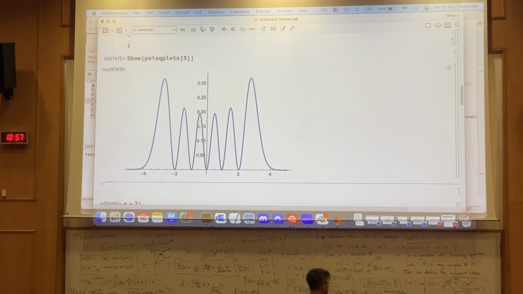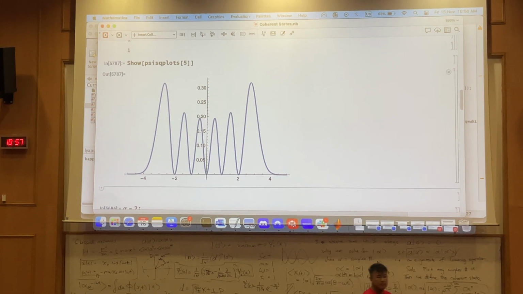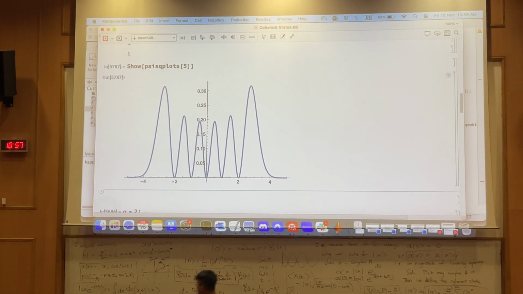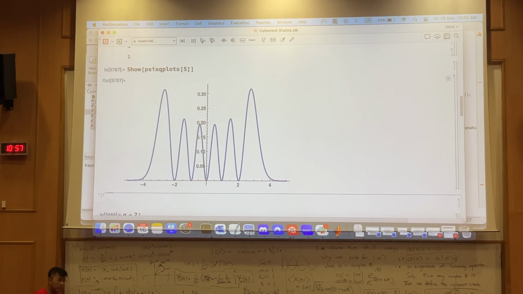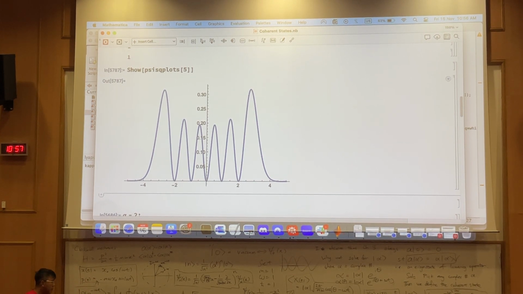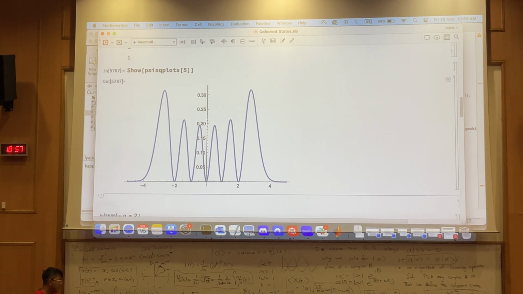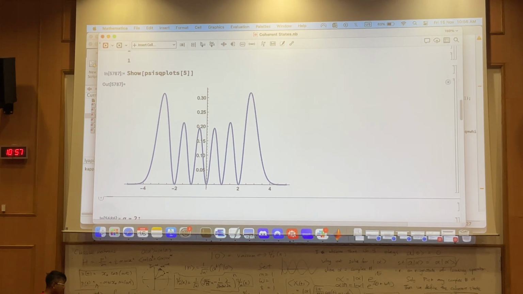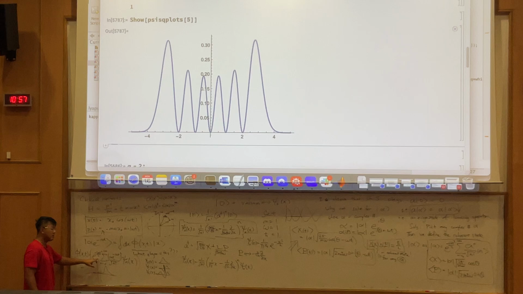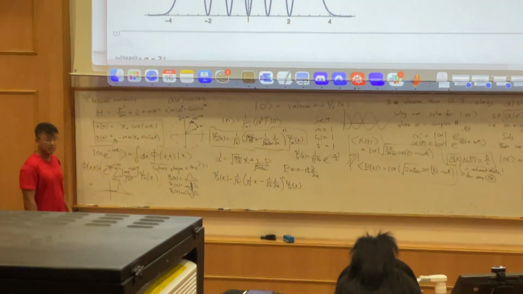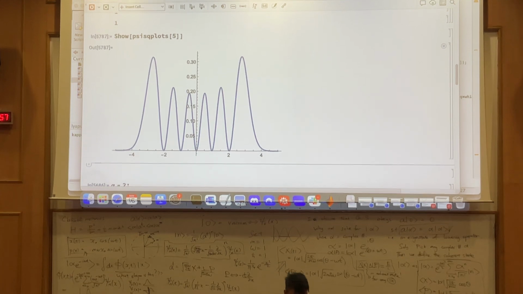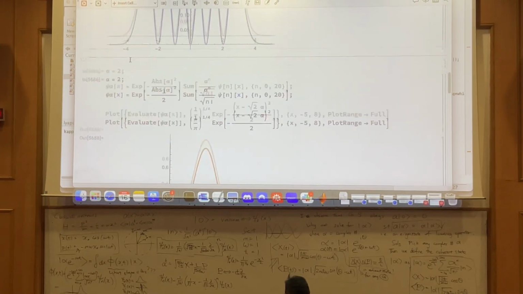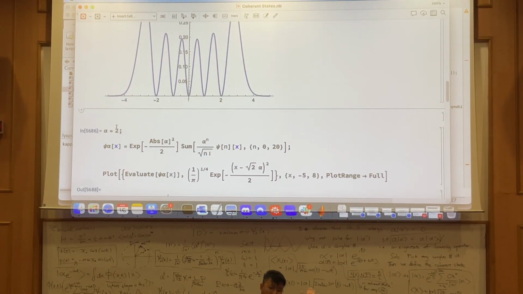Now I'm going to create a state. In fact, I'm going to create a wave function, this one. I'm going to take each wave function that I've defined on the computer, and sum it by the appropriate complex number raised to the power of n over square root n factorial, multiplied by the normalization. Here, I picked alpha equal to 2 for fun.